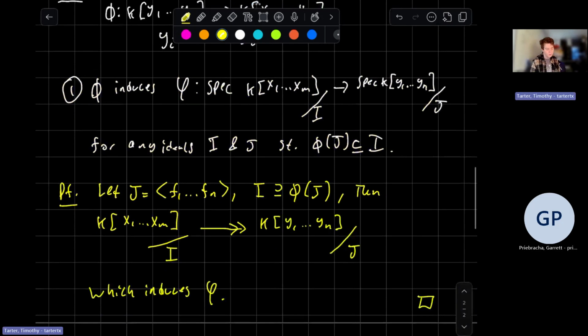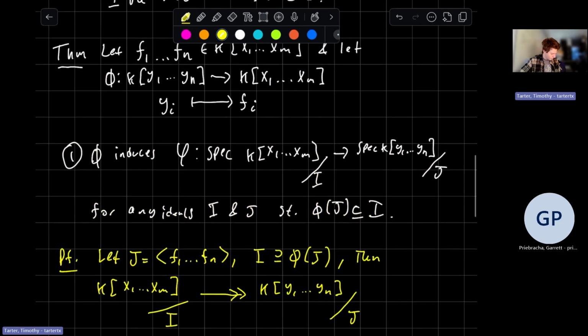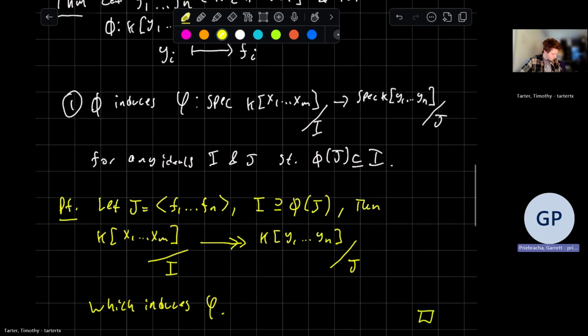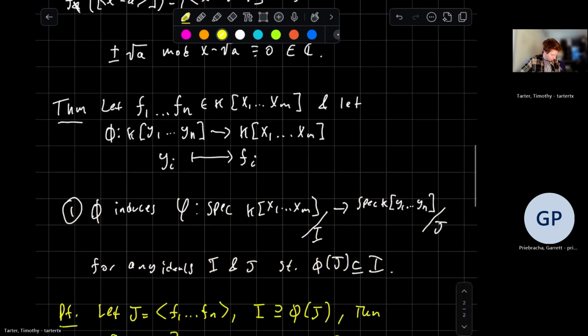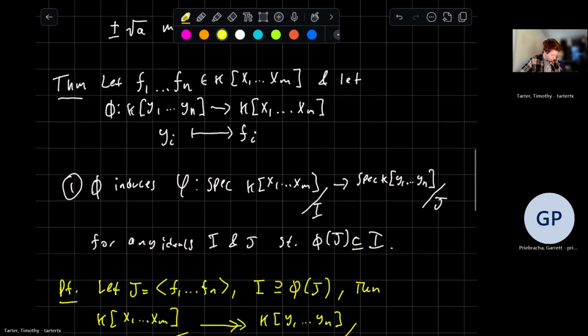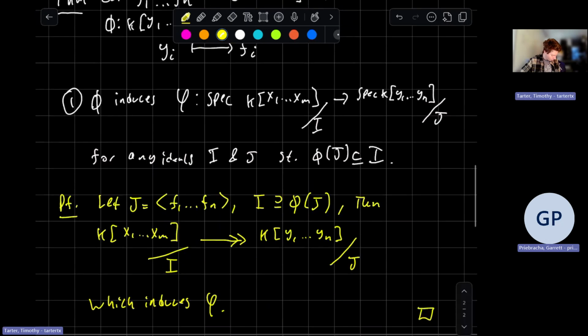And is that clear why this holds? Yeah. Are we saying that J is a prime ideal?